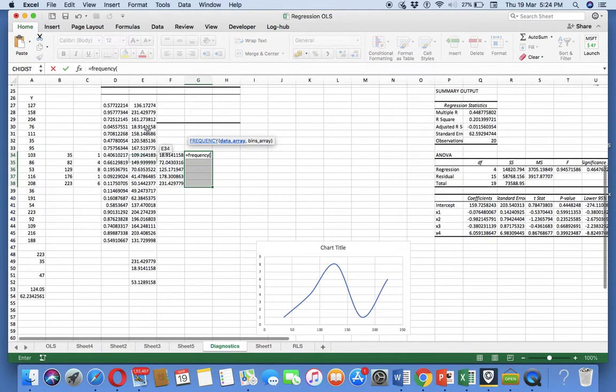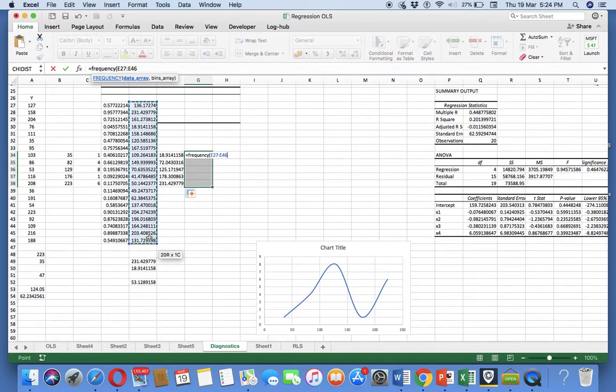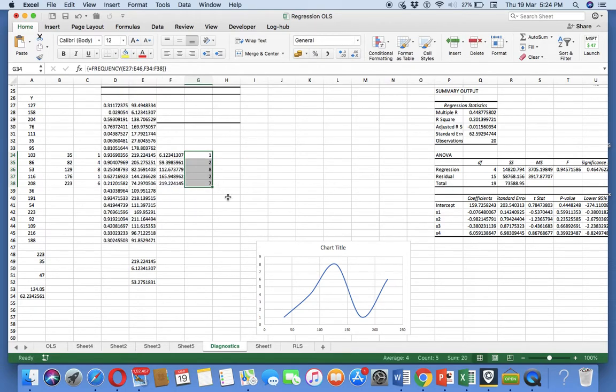So now I'm going to get the frequency distribution of this data for these bin ranges. So I'll close the bracket and press Control Shift Enter. It gives me the frequency distribution.